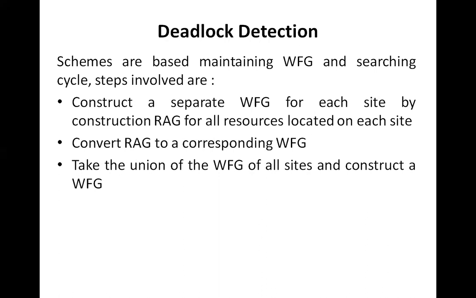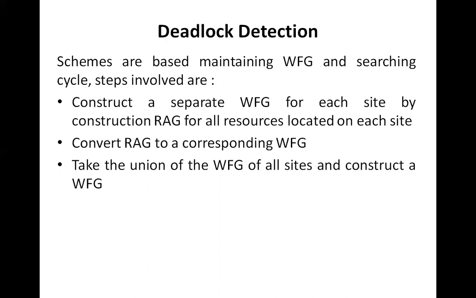Now, the deadlock detection. As far as deadlock detection is concerned, in this approach the system does not make any attempt to prevent the deadlock. It allows the processes to make their requests for resources, wait for each other, and the request, allocation of the resources and waiting of processes are all done in an uncontrolled manner.